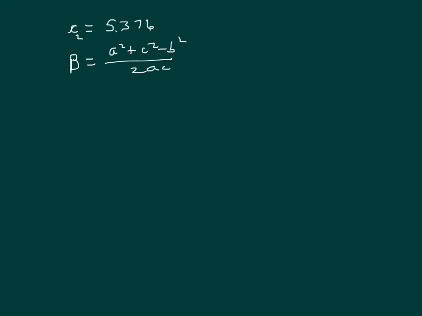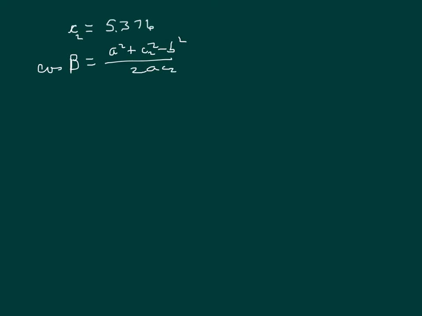Now look at the second solution. We'll call it c2 equal to 5.376. Again, the cosine of B is equal to a squared plus c squared minus b squared over 2ac, where now this would be c2.